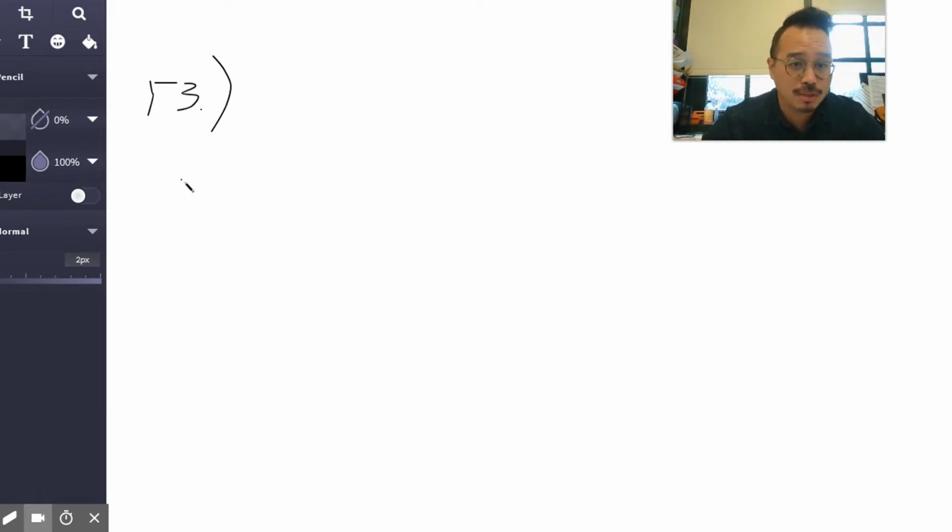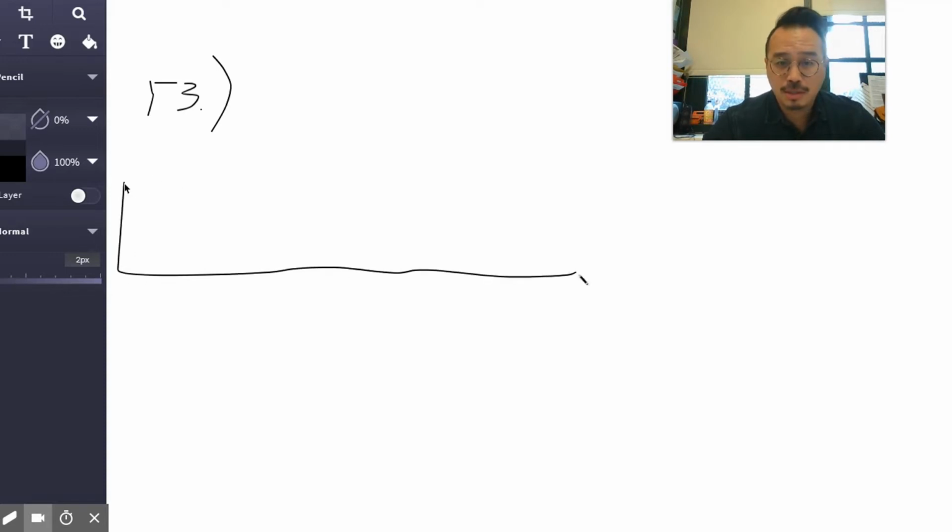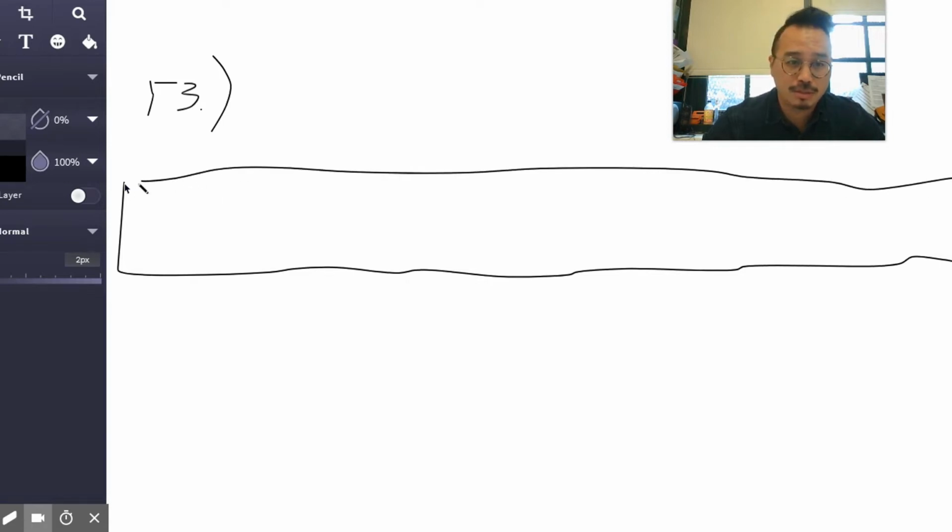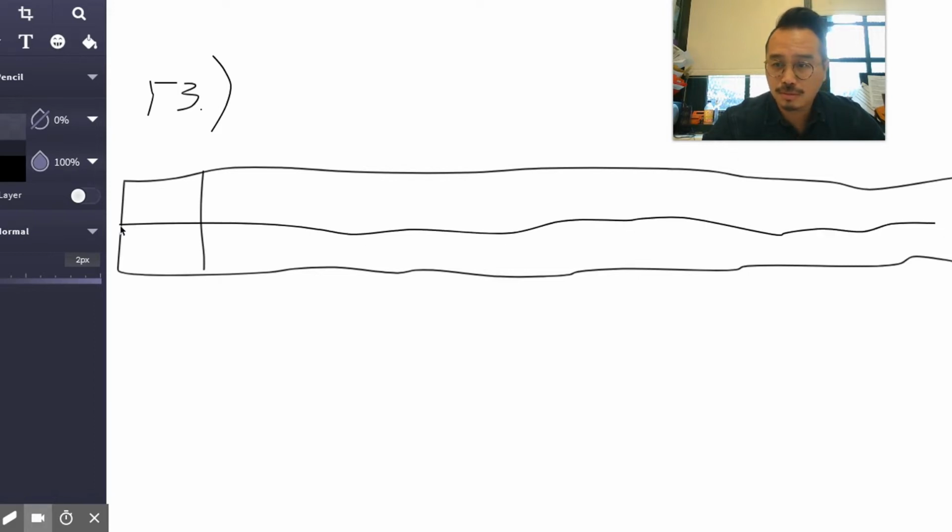I'm gonna draw this big chart here. Look at how straight these lines are. So now this is fractions and decimals. Now I'm gonna go as far as I can, and when I run out of space, I'm just gonna stop talking and close the video.